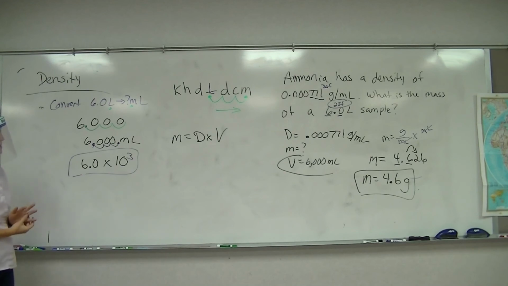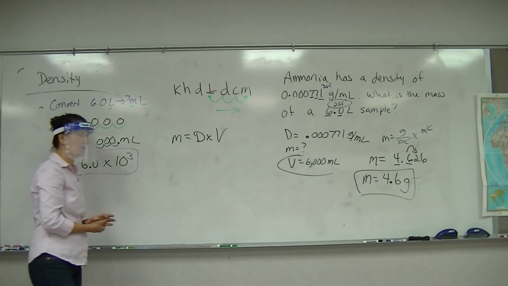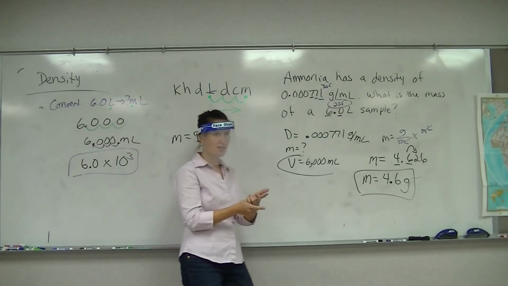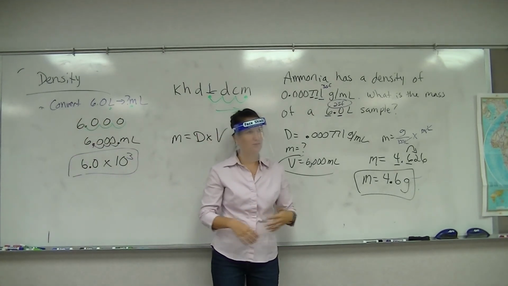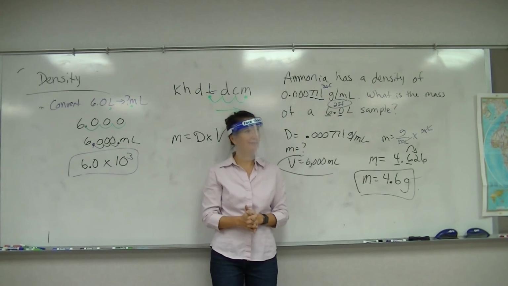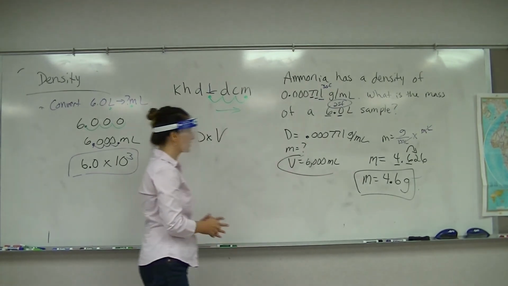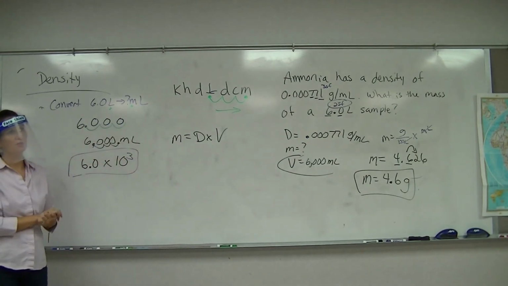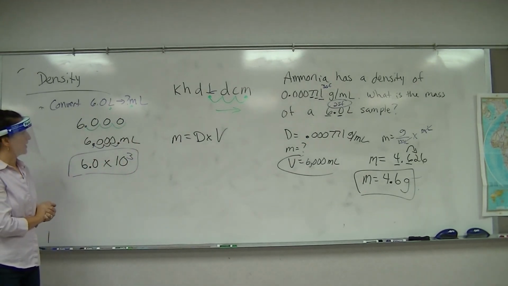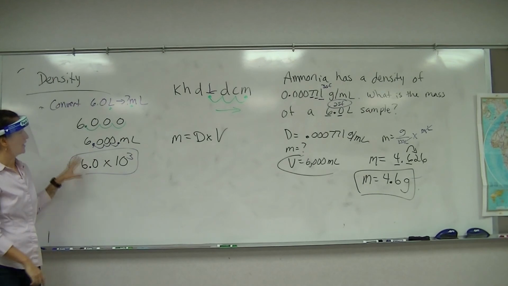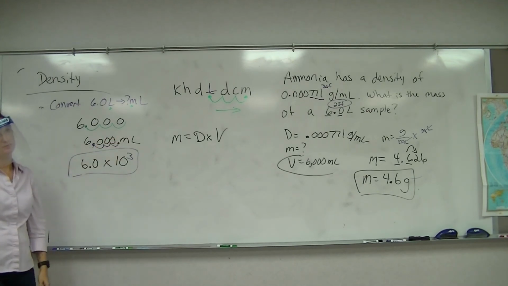Conversions is where most of the problems are going to be. On Tuesday's class, that's what we did for the entire hour and 10 minutes, tons of different conversions. So today was kind of a short review of conversions. And then you'll have experimental error and density problems.